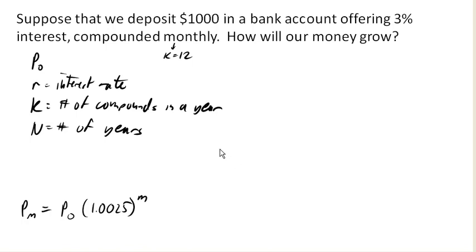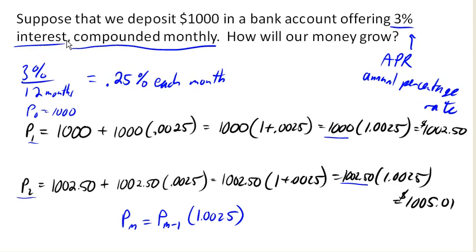So we want to rewrite this equation in terms of years, in terms of n. So we're going to have our initial amount, P0, and then where did this 1.0025 come from? If we skip back for a second, remember that the 1.0025 was coming from the interest rate of 3% divided by 12 months to figure out the interest per month, plus 1, because we were adding on the original amount.